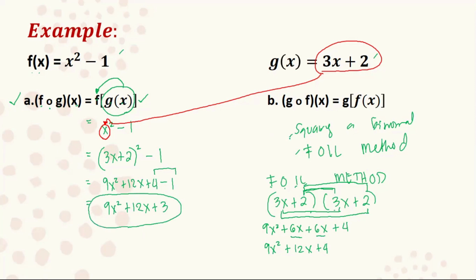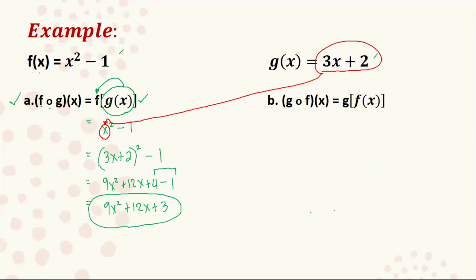I'll show you how to perform squaring a binomial. This is another method to expand this or to square this binomial. So here, you first get the square of the first term. So which one is the first term? It's 3x. So we square the first term. Then to get the middle term, we multiply the exponent by the first term and by the last term.